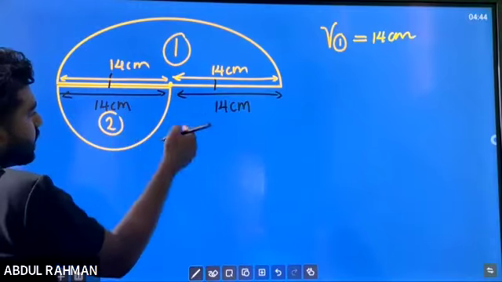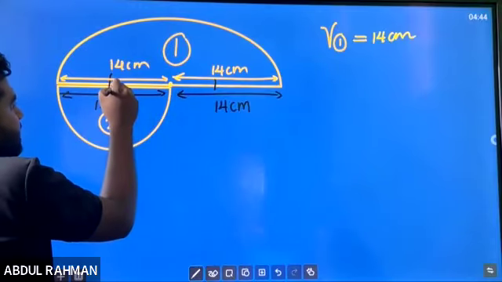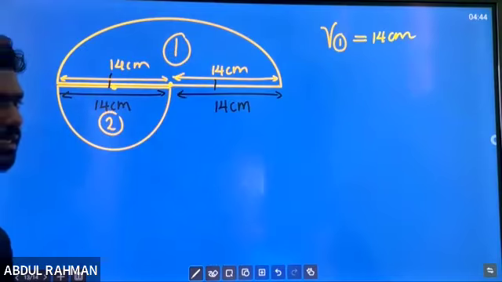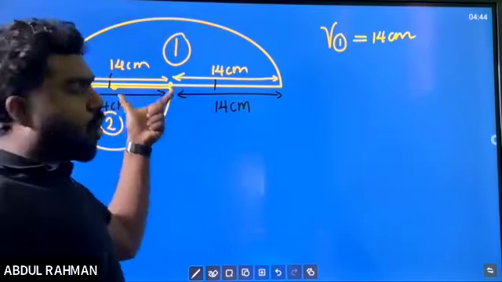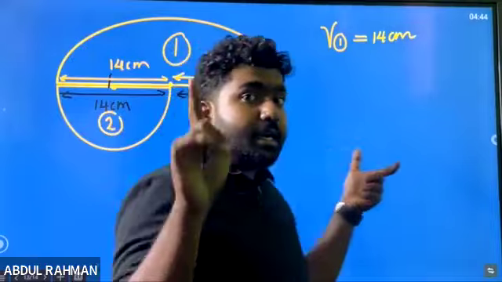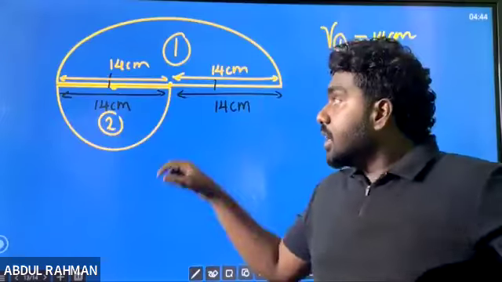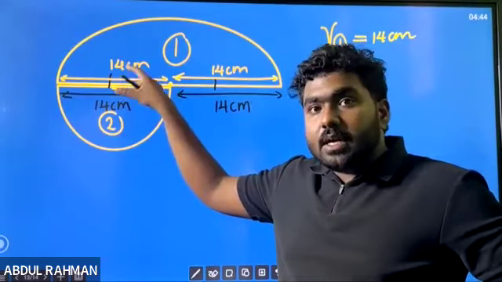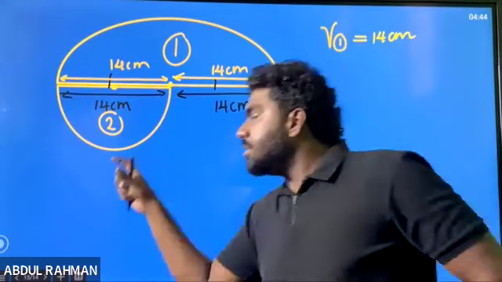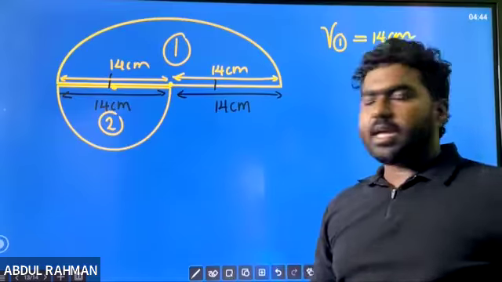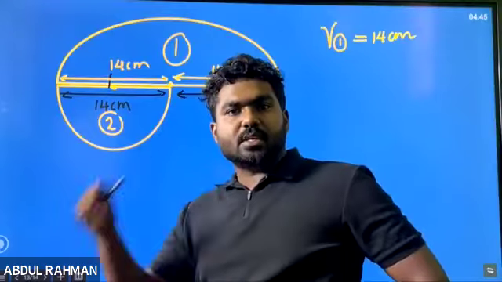That means the center of this smaller semicircle is somewhere here. That means this 14 is not the radius of semicircle number 2. This 14 is the diameter of semicircle number 2. Now, how can you find the radius of semicircle number 2?